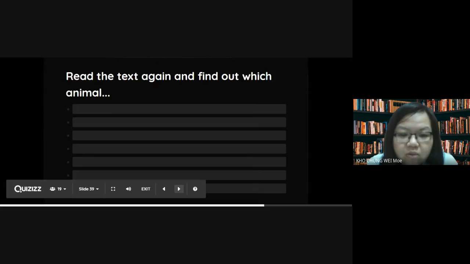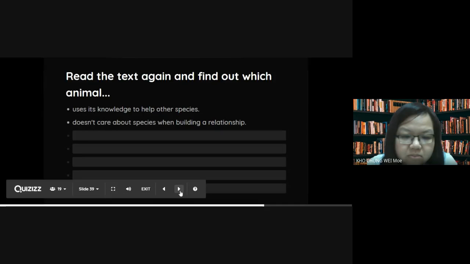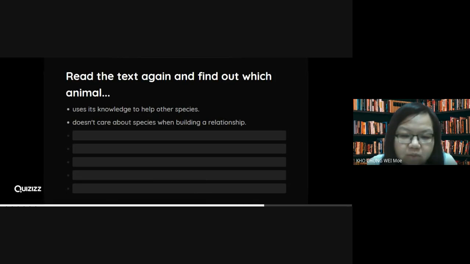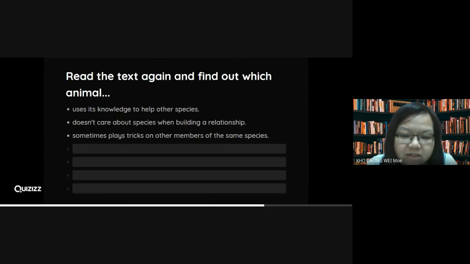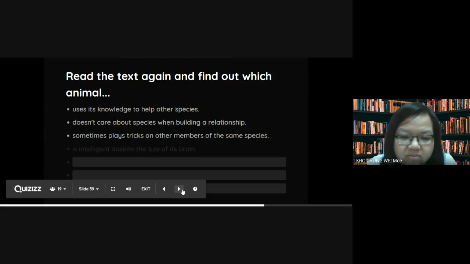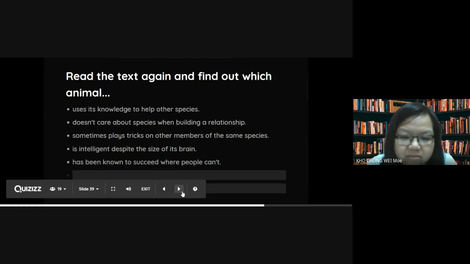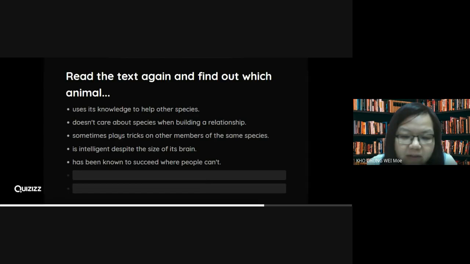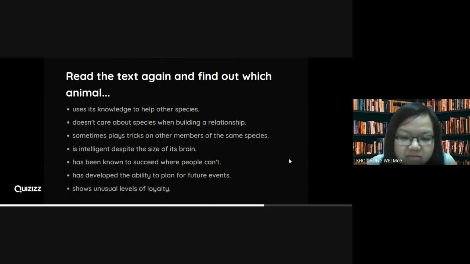So what you need to do is to read the text again and find out which animal uses its knowledge to help other species, doesn't care about species when building a relationship, sometimes plays tricks on other members of the same species, is intelligent despite the size of its brain, has been known to succeed where people can't, has developed the ability to plan for future events, and shows unusual levels of loyalty.